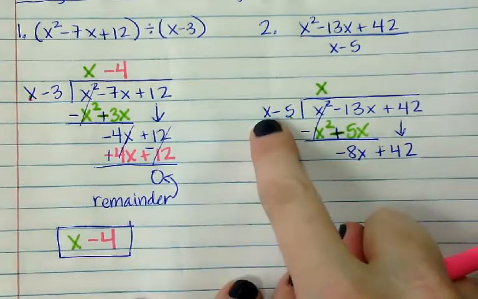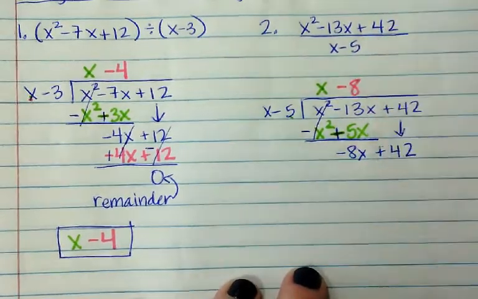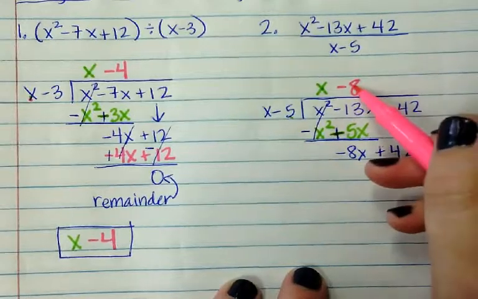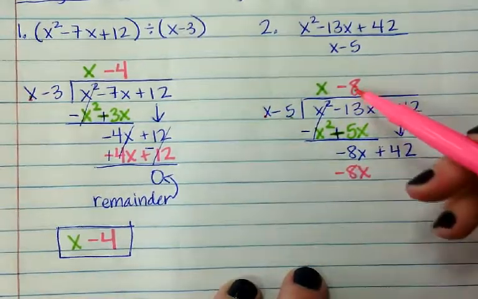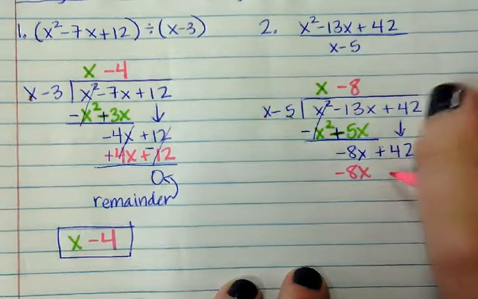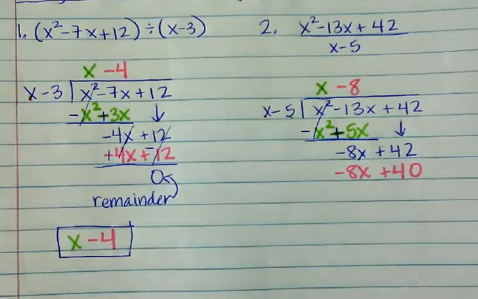So we just multiply it by negative 8. So negative 8 times x is negative 8x. Negative 8 times negative 5 is positive 40. So now we are going to subtract this whole term right here.